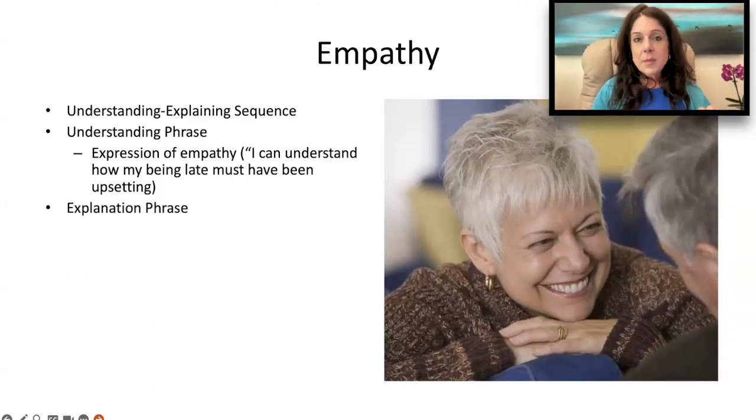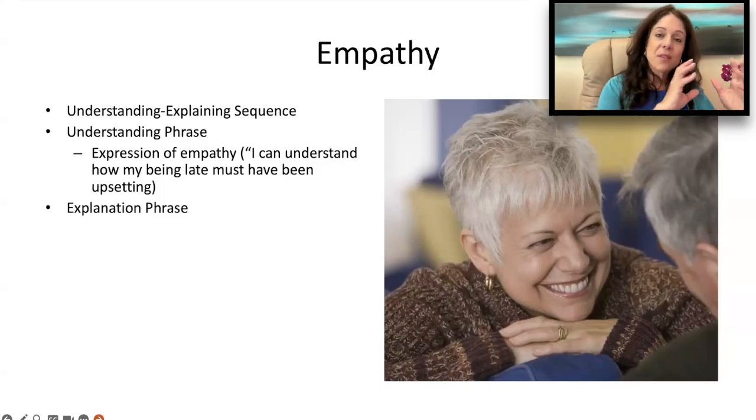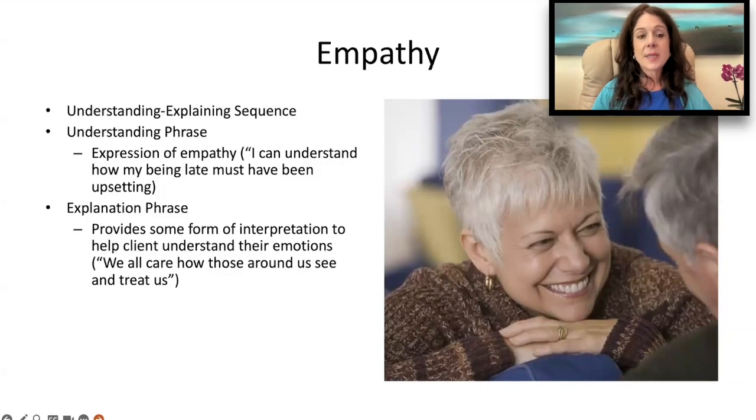And then you have the explanation phase. You always make sure you give them some empathy: you can understand how you felt that way. And then the explanation provides some form of interpretation to promote insight, to understand their emotions. We all care about how those around us see us and treat us, so this would explain maybe why they got so upset because the therapist was running late.